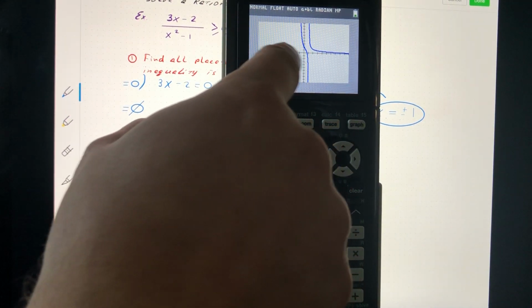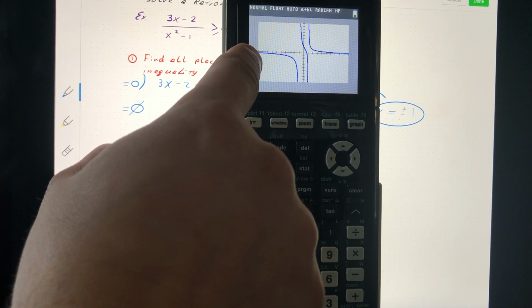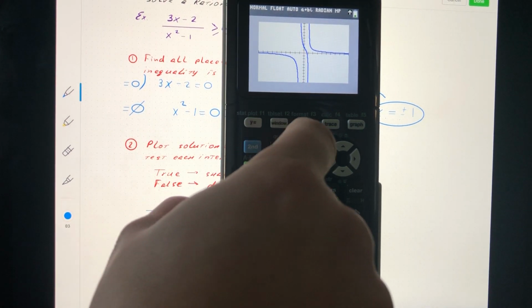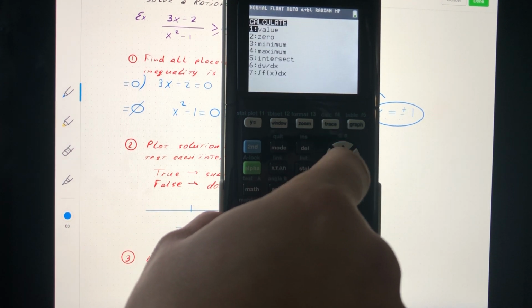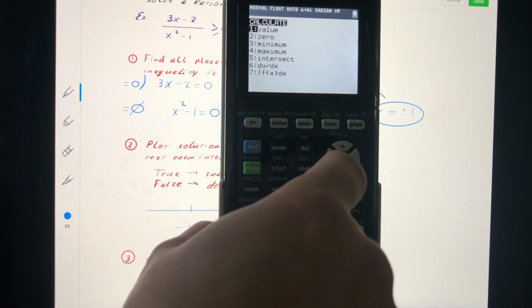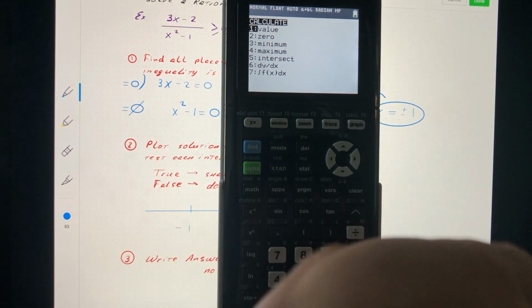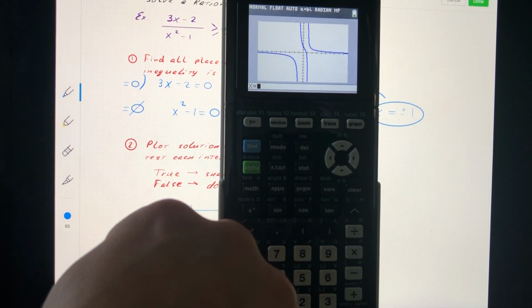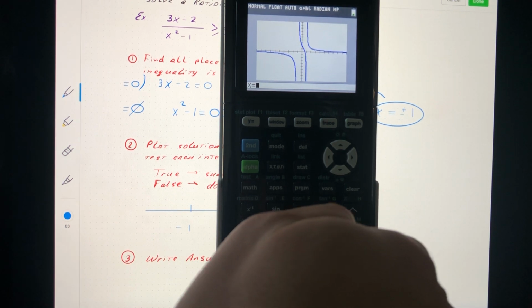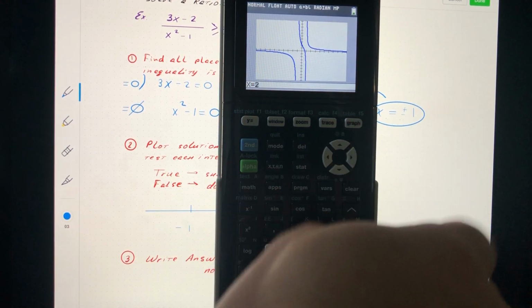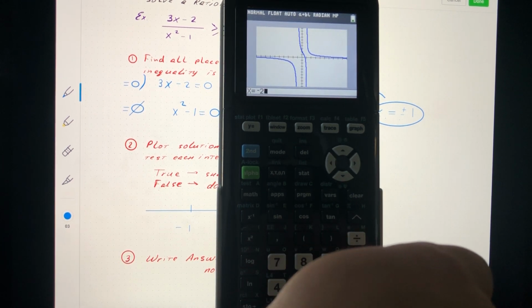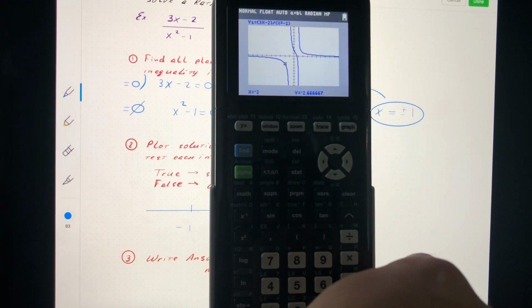If we choose something that is less than -1, what are we going to get? Well, here is second, calculate, and if we want to find the y, it is called the value. So if we go to the value and we put something for x that is less than -1, like -2, here is the answer.